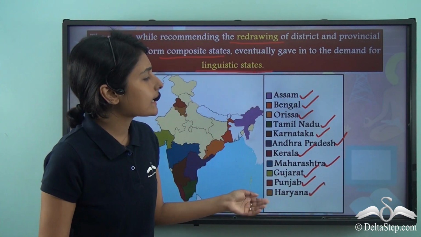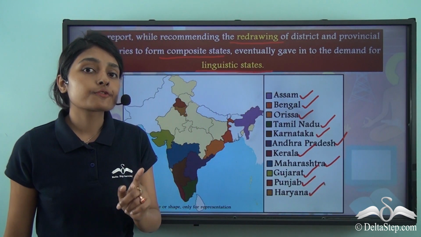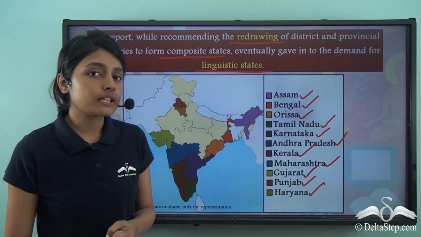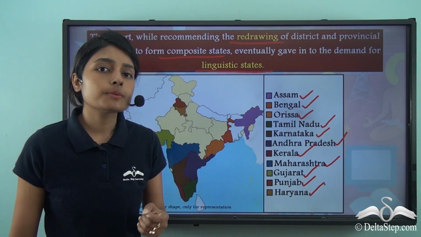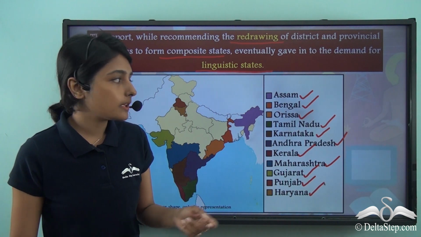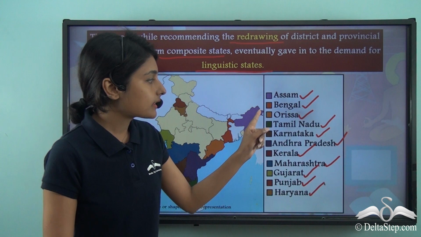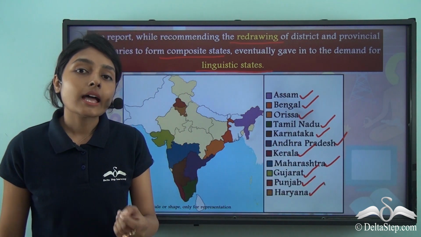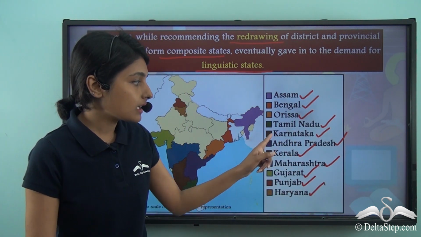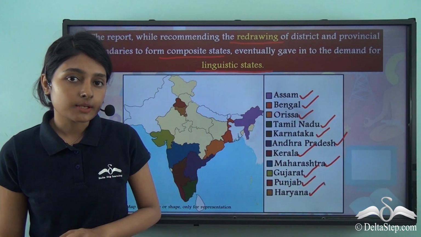So from this we can understand that Assam was formed for the Assamese speaking people. Bengal was formed for the Bengali speaking people. Orissa for the Oriya speaking people, Tamil Nadu for the Tamil speaking people, Karnataka for the Kannada speaking people.